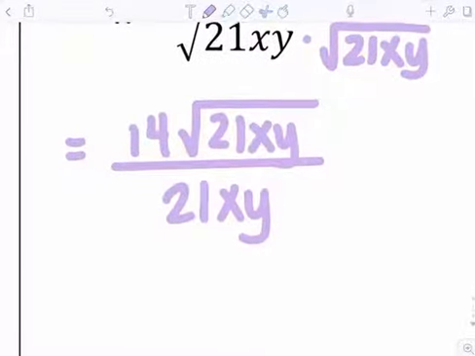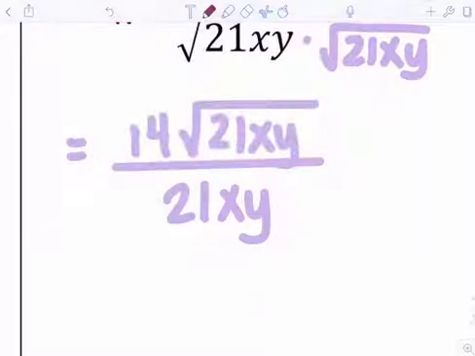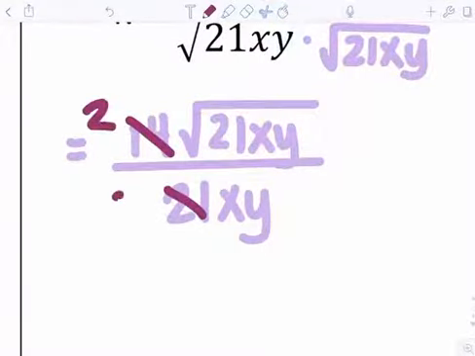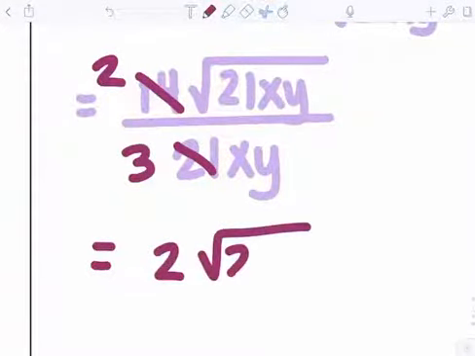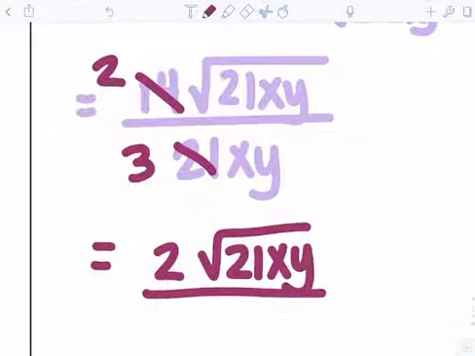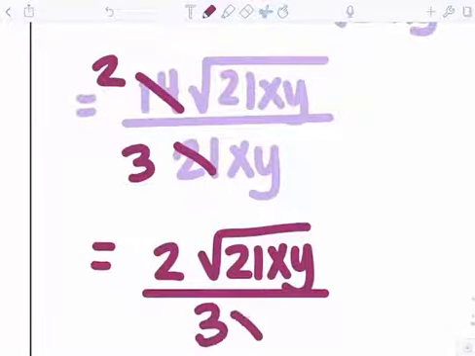Then we check to see if we could simplify, which we can. We could divide both of these by 7, so this becomes 2. That becomes 3, so my final answer is 2 square root 21xy over 3xy.